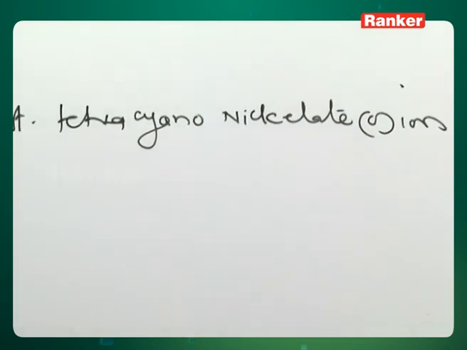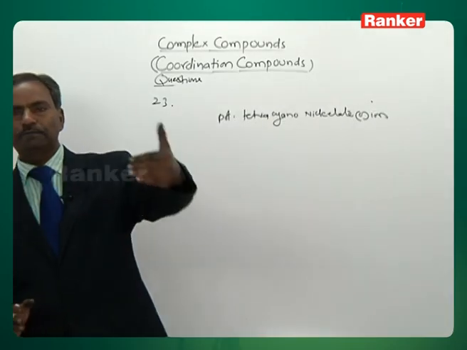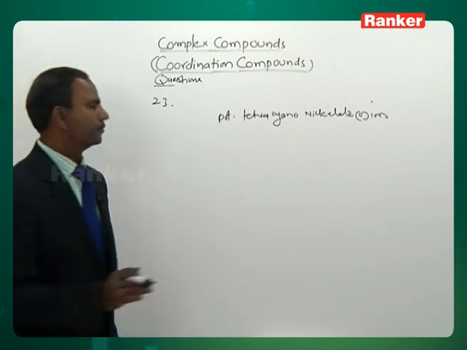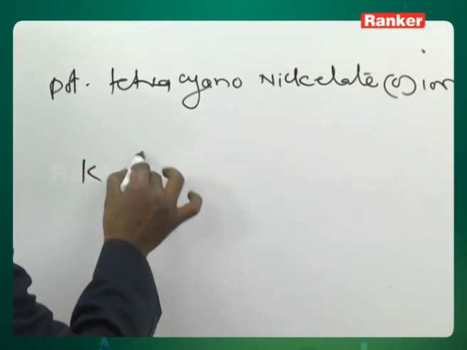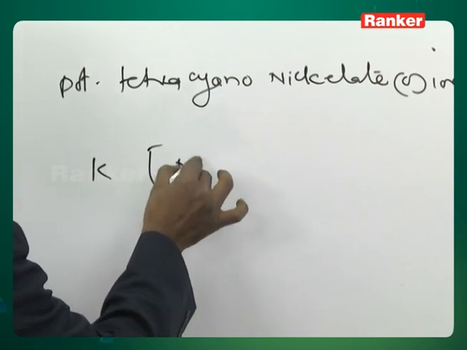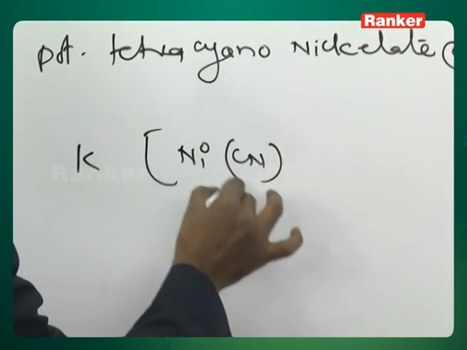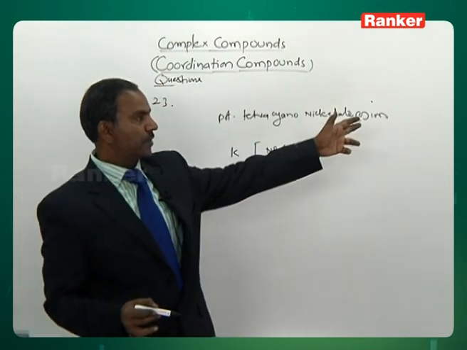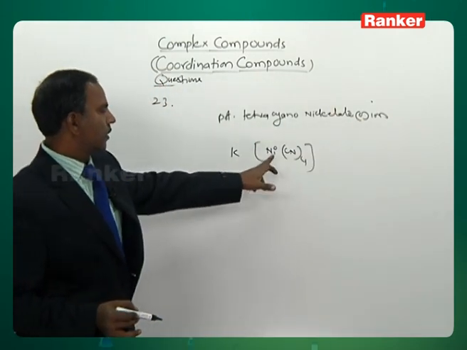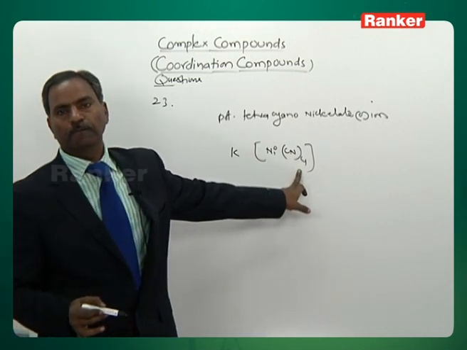Let us first write the formula of the complex. Next, let us see the options. Potassium is said, let us write K, and nickel, tetracyano. Nickelate 0 is said. 0 means, nickel, 4 negative charges are there.